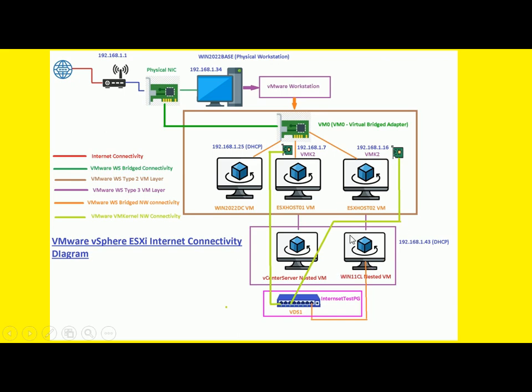Okay, and once this particular Windows 11 CL has network connectivity, it will have a DHCP IP also from the router. You can give a static IP also, but DHCP is fine for a nested VM because it's a client machine. For servers, I have prepared to use static IPs, but for clients, DHCP is okay.